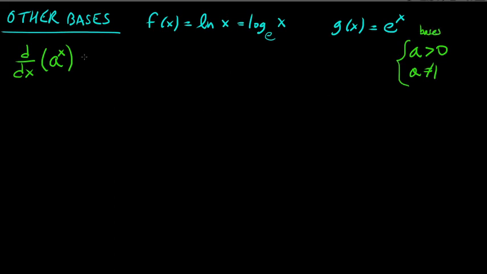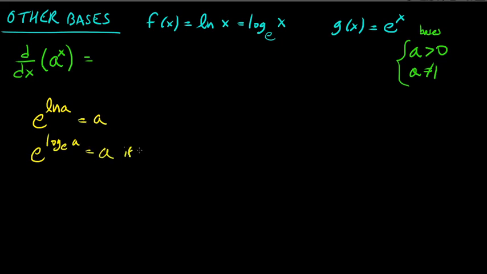Okay, so here's how we're going to do it. Right? We're going to use, I'd say a trick, but it's something that you should know, that if you take e to the power natural log of a, you just get a. Right? Because after all, this is just e to the power log base e of a, and the exponential and the log cancel each other out, right?